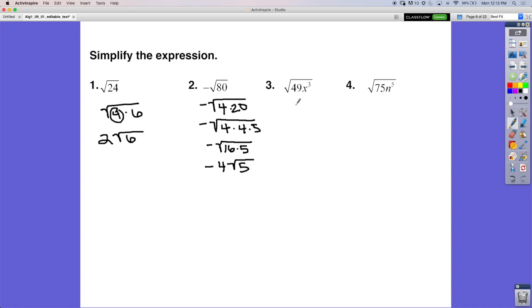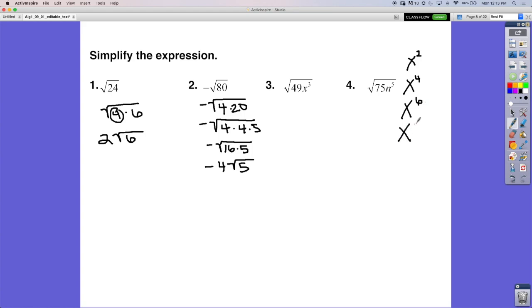Okay, now look here. In terms of variables, again, if you look at the chart that was made, I think that's just numbers. I don't know if there's a variable one. Okay, it's not. All right. In terms of variables, the first perfect square is x squared. The next perfect square is x to the 4th. The next is x to the 6th.